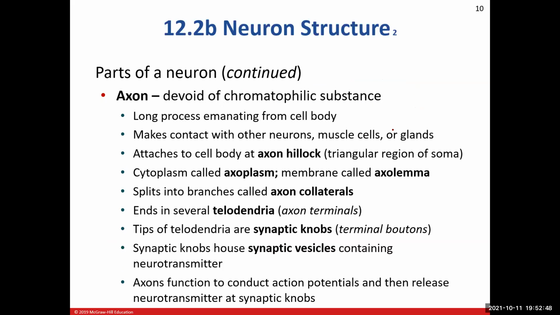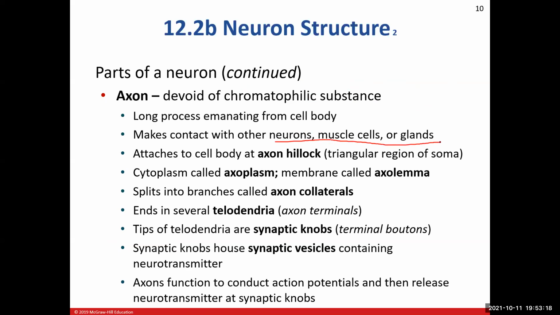The axon, and I didn't mention this in lecture, does not have chromatophilic substance. That's only found in the cell body. The axon is the longest and biggest process that comes off of the cell body, and it runs all the way from the cell body down to the target cell, so it's going to contact either another neuron or one of our effectors.